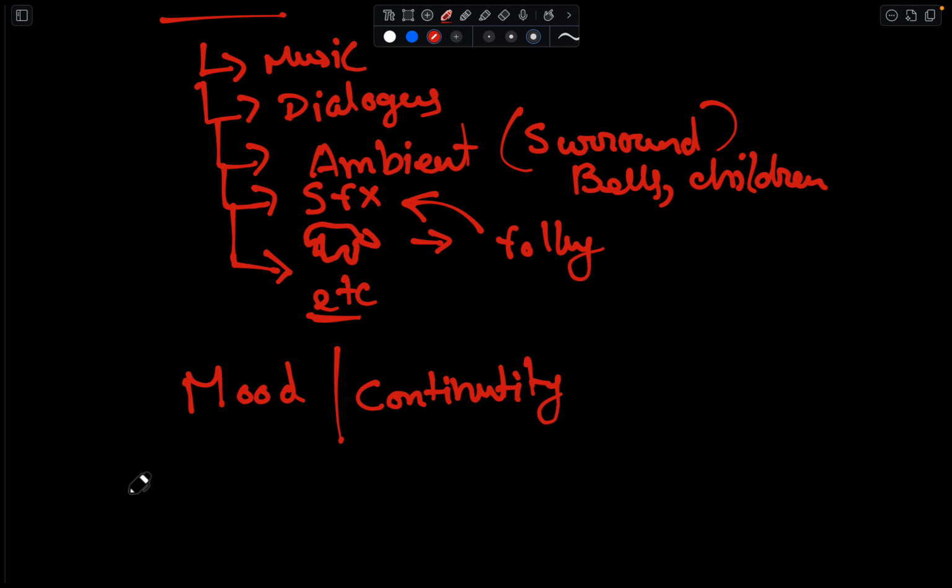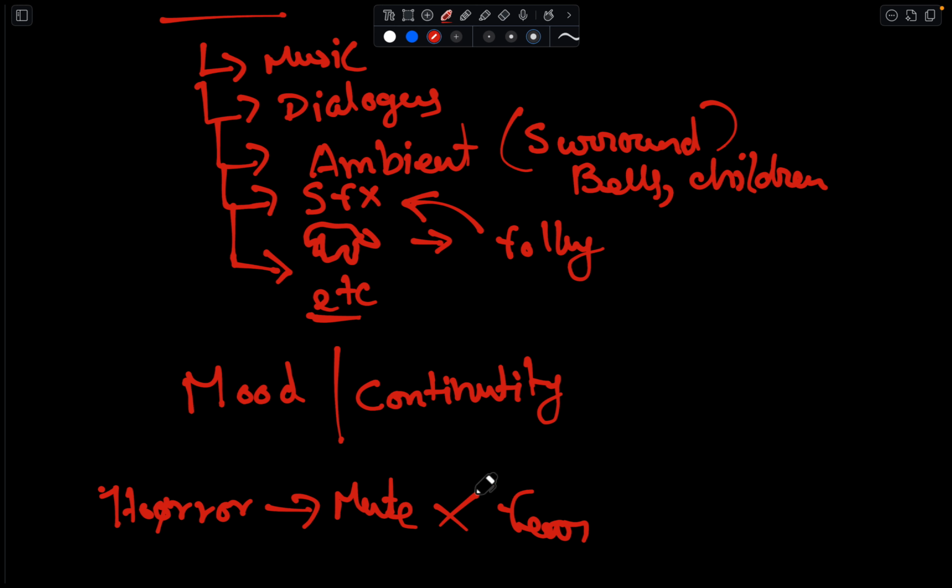You would have heard, if you are watching a horror movie, that if you mute it, you will not feel the fear, right? Why do they say that? Because sound has an important part in creating the world that we see in a movie.